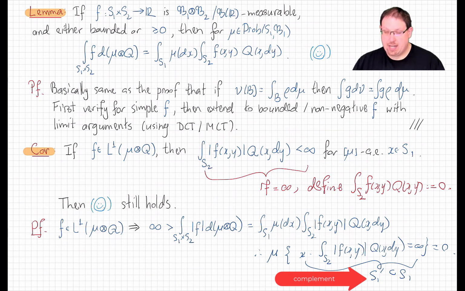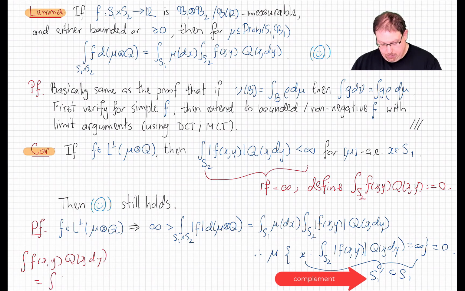And then if x is in that set S1 prime, we can define, as usual, the integral of our non-absolute value function f at xy against q as the integral of f plus, the positive part of this function, minus the integral of f minus, the negative part of this function, which, to be clear, is still a non-negative function.